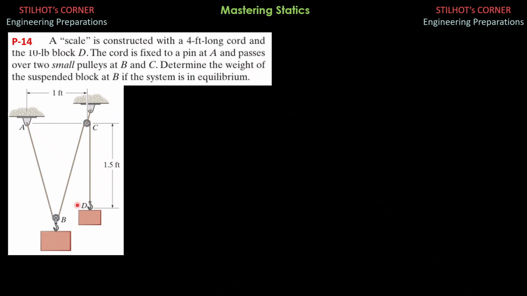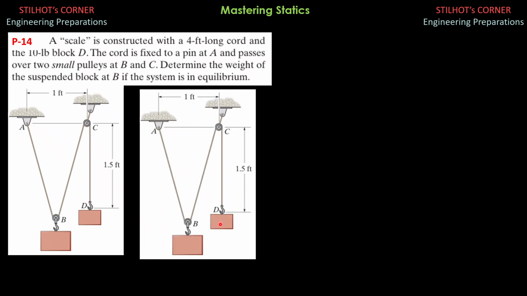So take note that this is 10 pounds. So this is the free body diagram. So the tension here is 10 pounds, 10 pounds, 10 pounds. So for this part, we have tension 10 pounds, tension 10 pounds, and the length of this portion of the cord is equal to, the total is 4 feet.